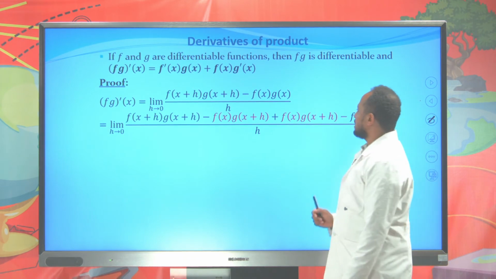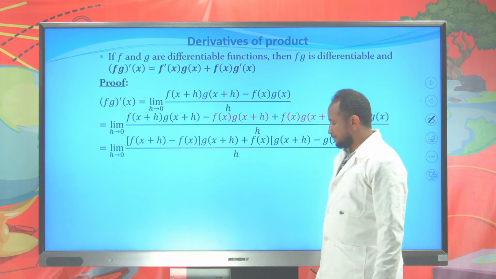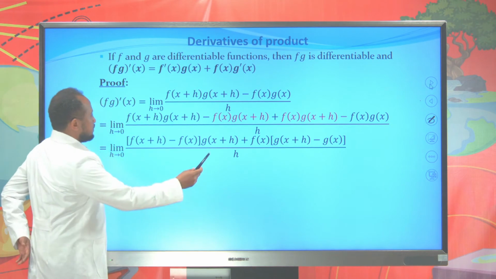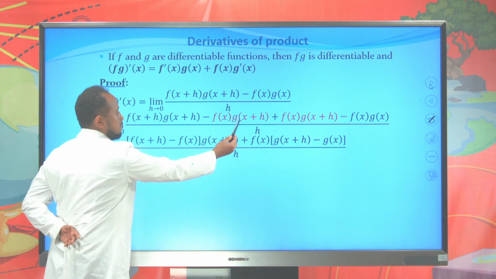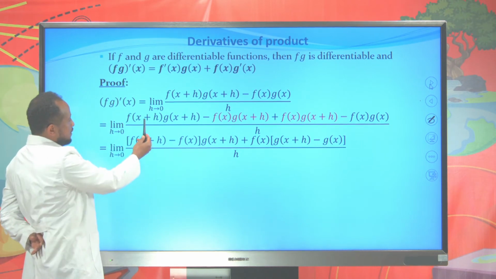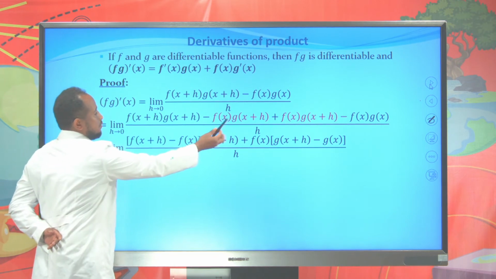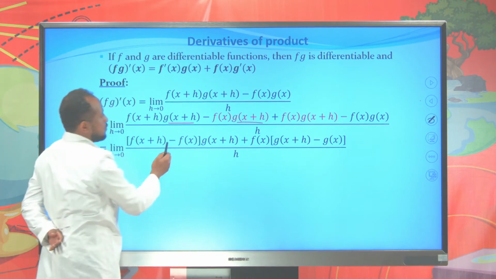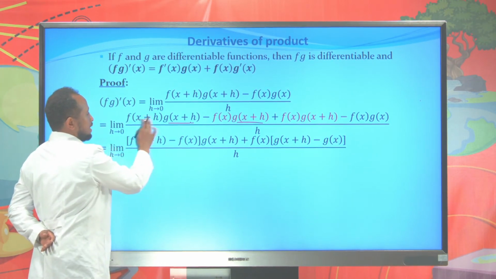Now next to this, factoring g of x plus h, the remaining part will be f of x plus h minus f of x.